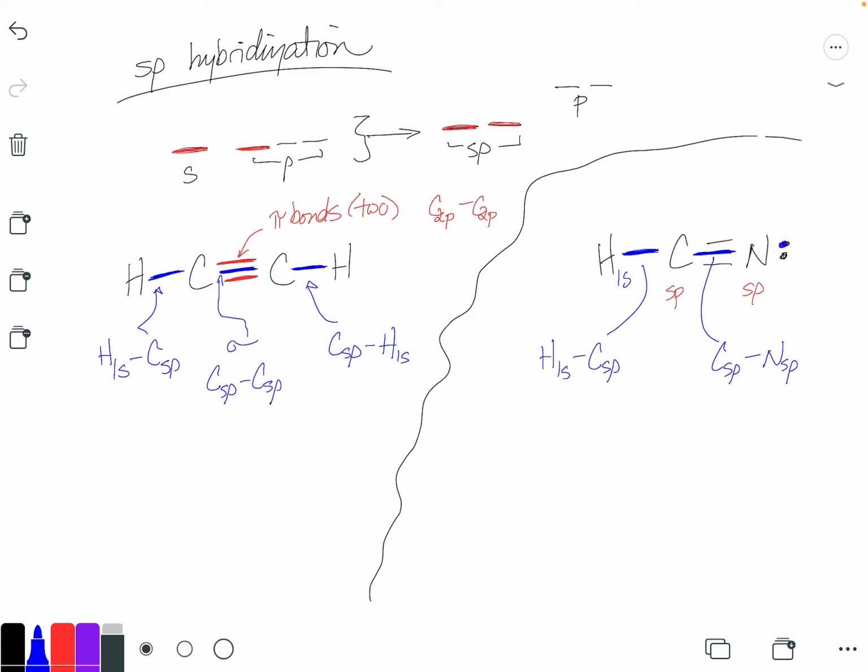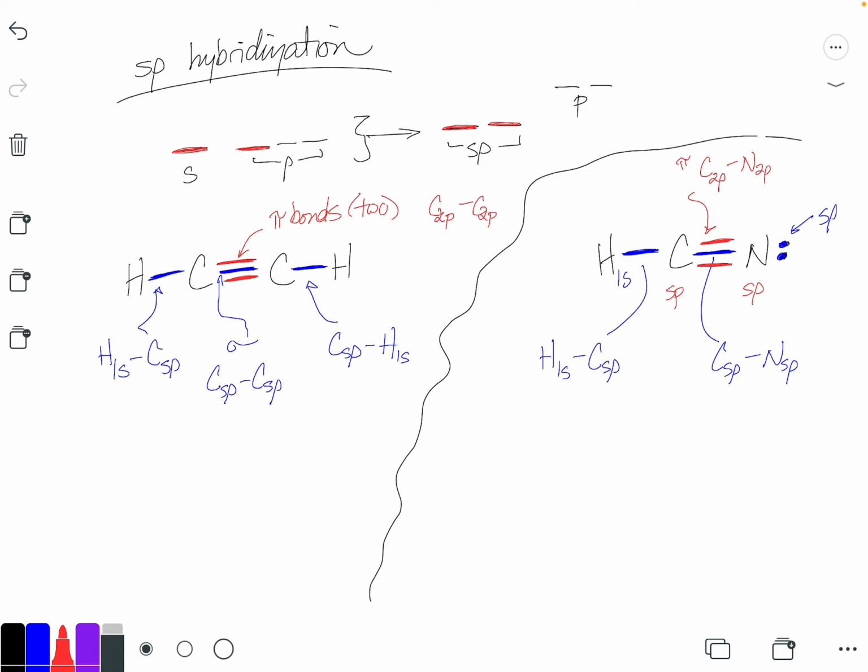The lone pair of electrons, likewise over here, is in nitrogen's sp orbital. And now my second, right here, and third, right there, those bonds are pi bonds, right? I have 2 of them. And those are between carbon's atomic 2p orbital and nitrogen's atomic 2p orbital. I've got 2 of those.